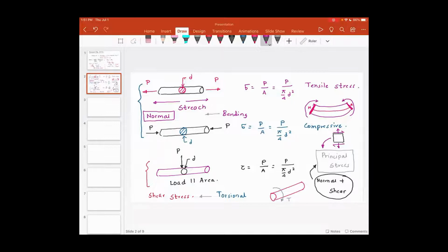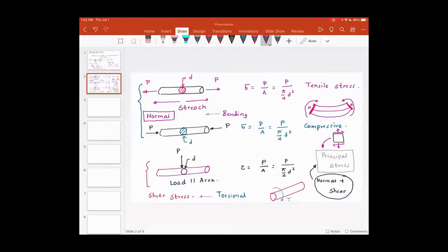So we actually have to come up with some sort of design theory. In other words, we have to anticipate the different types of failure modes and then relate that failure mode to the design equation. And that relationship between these design calculations and failure mode is nothing but the different design theories.